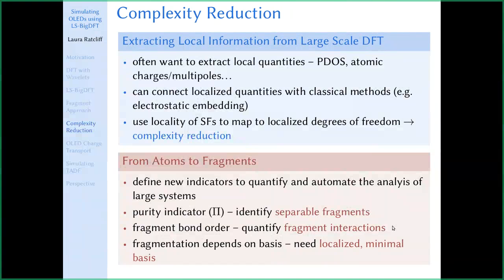Then we also have the fragment bond order method, which allows us to quantify interactions between these fragments. But the possibility of doing both these things is strongly dependent on the basis, and this ability to reduce the complexity really relies on having a localized minimal basis, which is where the support functions come in.